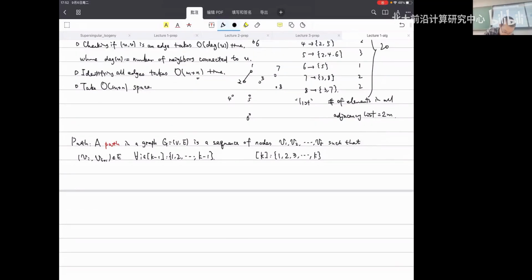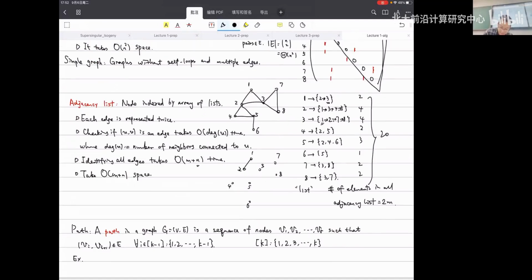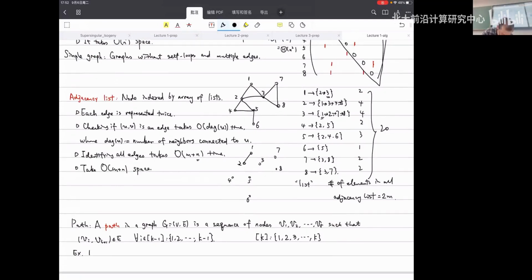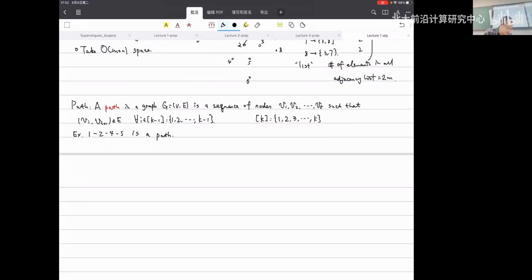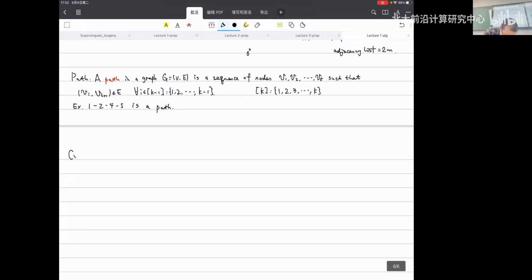For example, in this graph above, 1, 2, 4, 5 is a path. You see the path here, and there are also triangles, and the triangles here are typically called cycles. This definition is basically the same, except it has the requirement that (vk, v1) also belongs to the edge set.